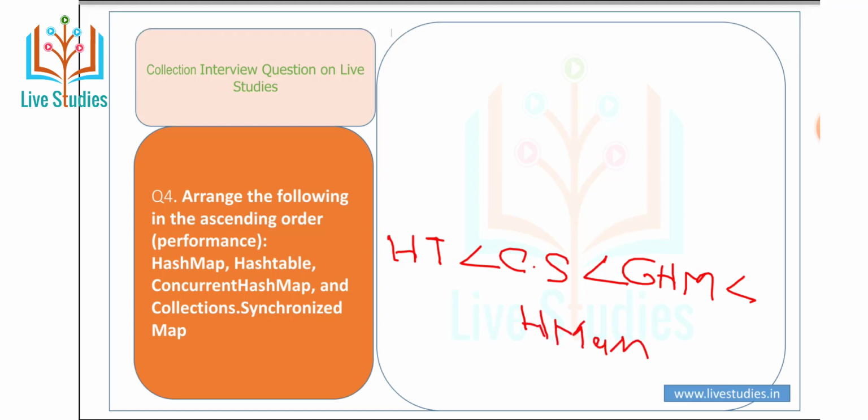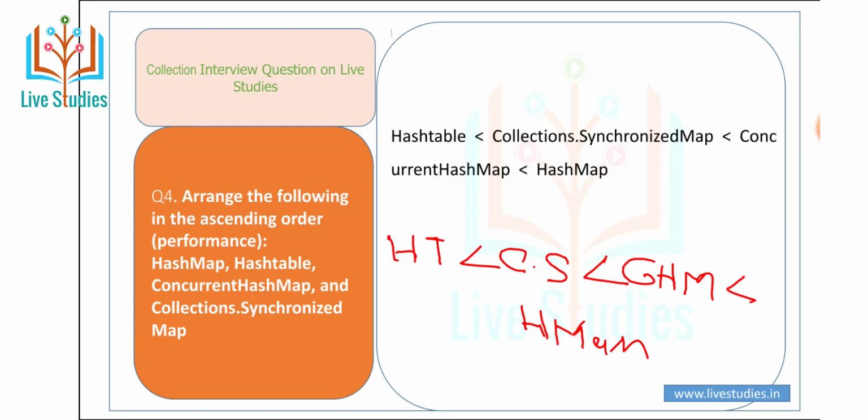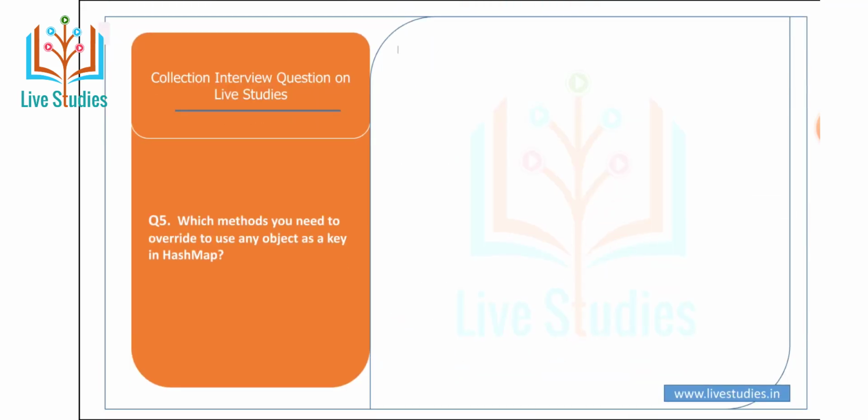Okay, this one. Move to another question. Another question is: which methods do you need to override to use any object as a key in a HashMap?